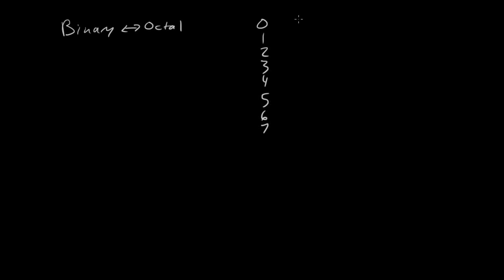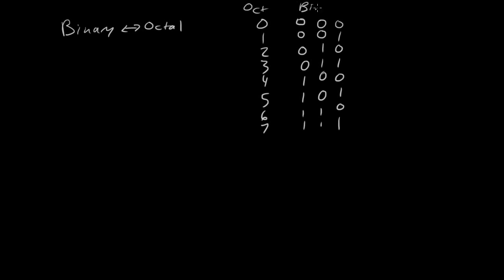And then we have 0, 0, 0, 0, 1, 1, 1, 1, 0, 0, 1, 1, 0, 0, 1, 1, and then finally 0, 1, 0, 1, 0, 1, 0, 1. So this is our octal, this is our binary.